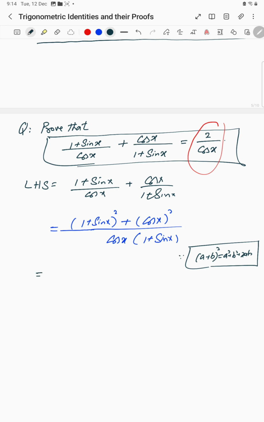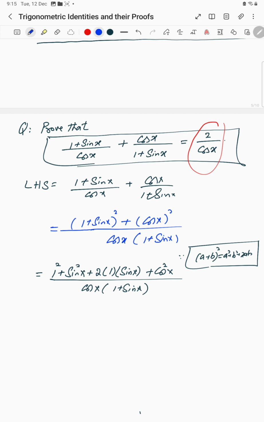So let's see, 1 plus sine x whole square is 1 square, which is 1, plus 2 times 1 times sine x, plus cos square x, this cos square x from here, whole divided by cos x times (1 plus sine of x).